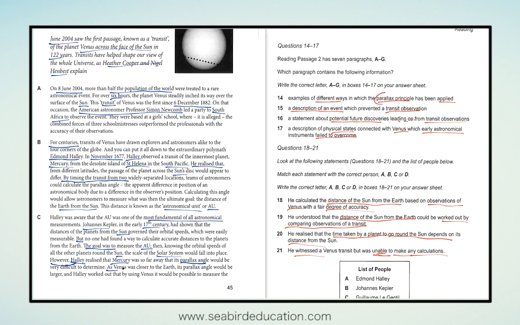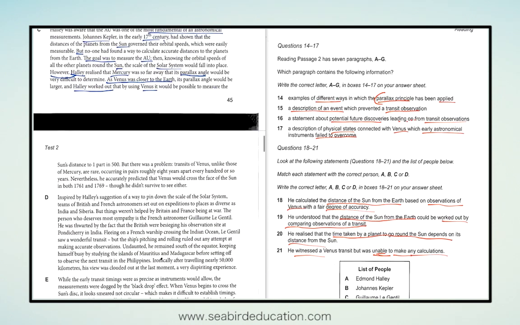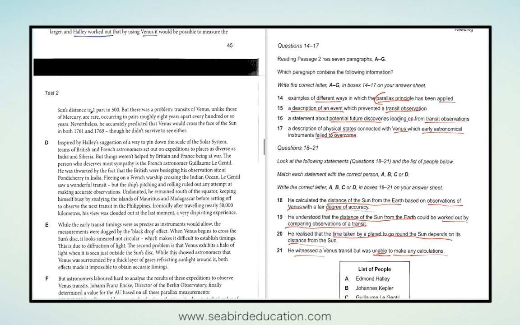As Venus was closer to Earth, Halley worked out using Venus. Okay. One part, but there was a problem. Unlike those. Nevertheless, these are all very useful. Didn't survive to see either. Okay.